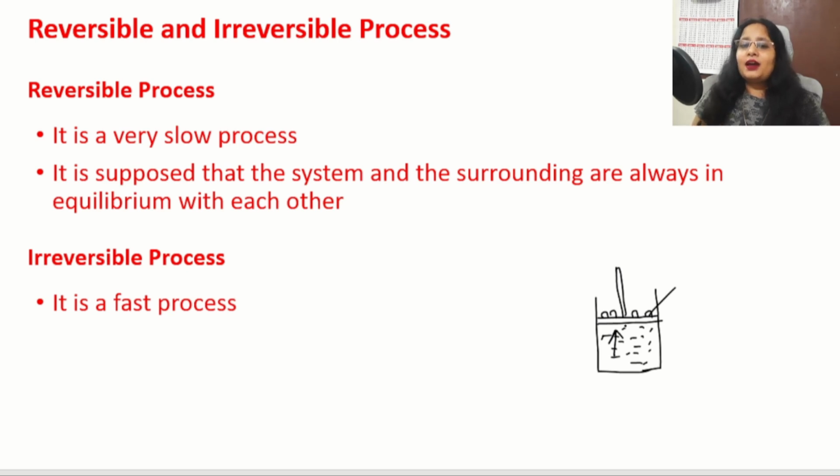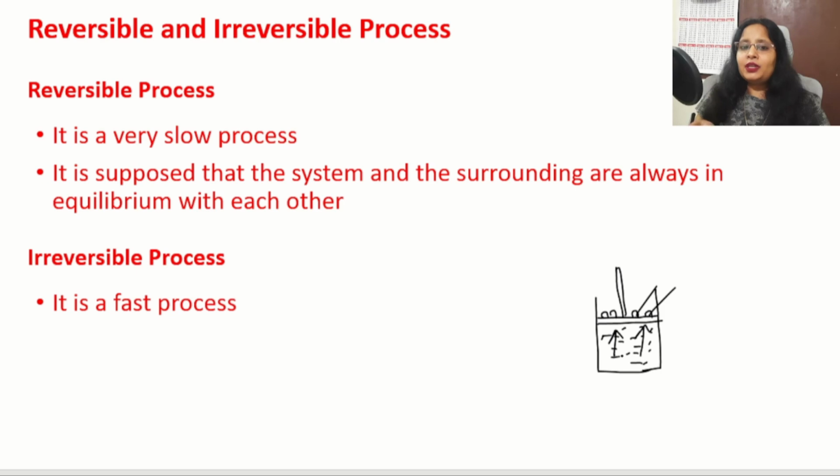Then after expanding, when the pressure inside and the pressure outside are equal, the expansion stops and equilibrium is achieved. When it is stable, we remove one more weight. Again the external pressure is less than the internal pressure and the piston will move upward slightly and then stop.